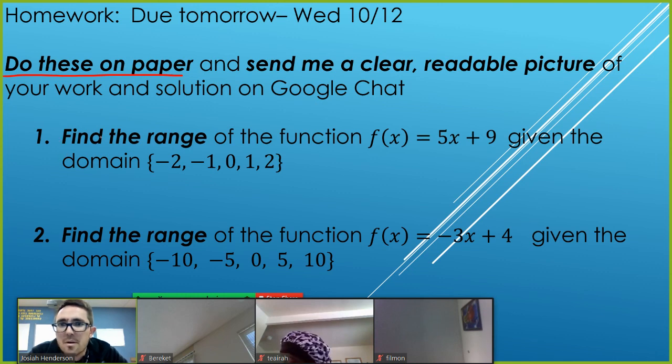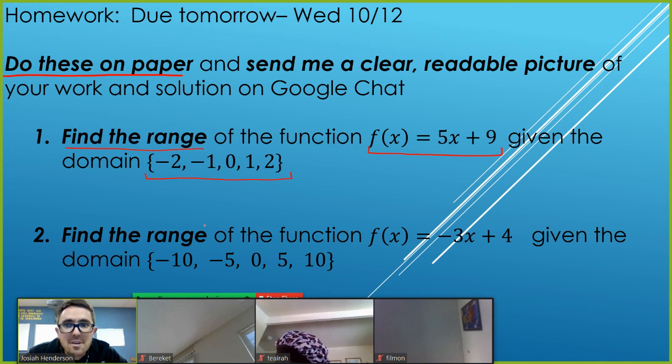So what's important to have written down is we're finding the range of this function given this domain. Those are our list of inputs to go in the function and get a list of outputs. Copy down number 2. It's a different equation with a different domain.